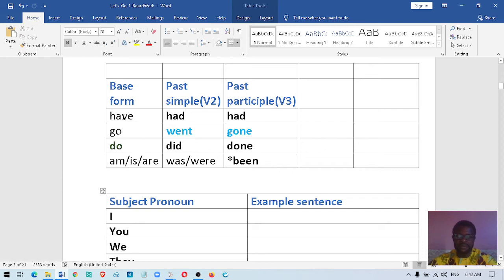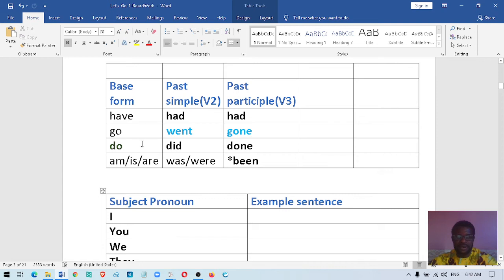Okay? So here, for example, we have: I usually have breakfast at 9 o'clock every day. See, I have, our subject is I. If you want to speak, then you have to use our subject pronouns to talk about whatever we want to talk about.